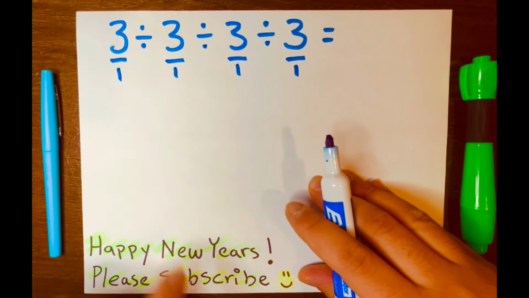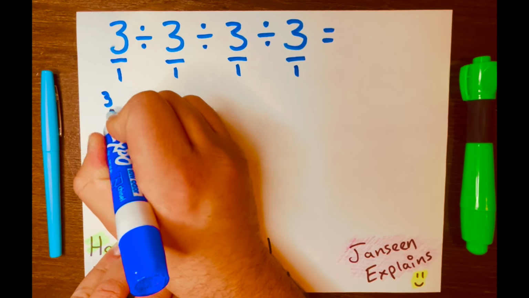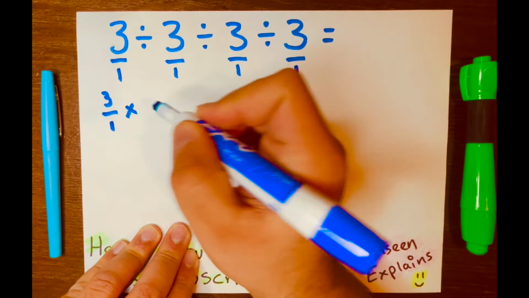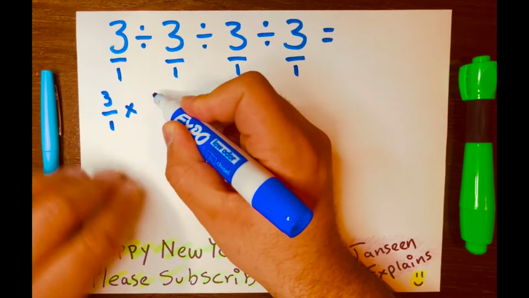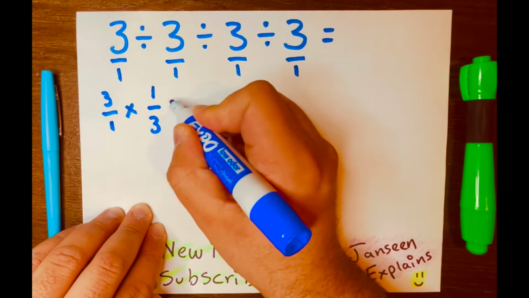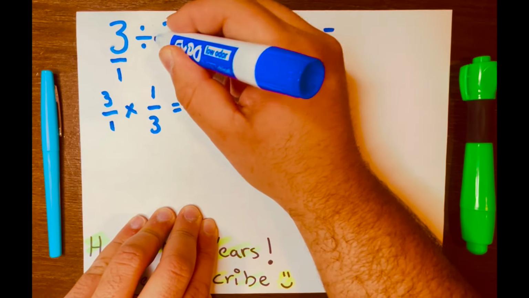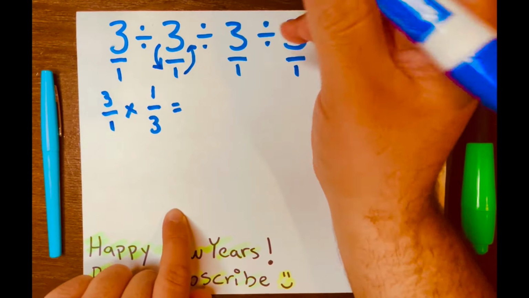So let me go ahead and write that down for you. So 3 over 1 times, because I changed the division to multiplication, and then 1 over 3, because we flipped it. The 1 goes on top of the fraction, and the 3 goes below the fraction.